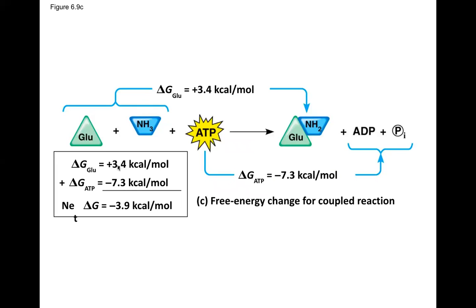The synthesis of glutamine requires 3.4, so there's plenty of energy and some to spare. The total free energy change for the coupled reaction is negative. So when you couple these two reactions, the net delta G is negative, which means these reactions are now possible. They're spontaneous.